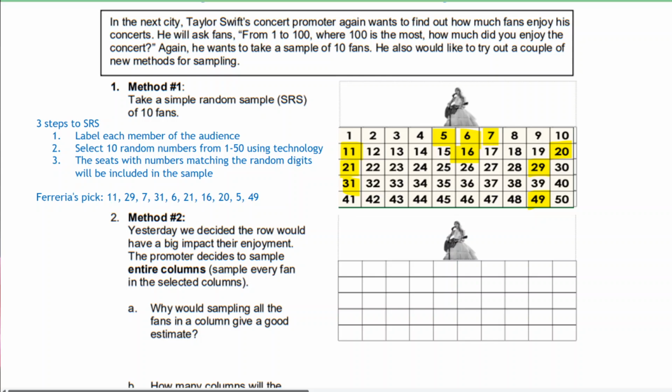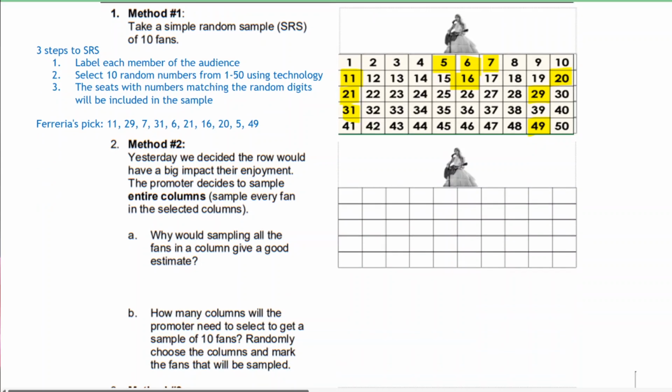Okay, now that we have done our little bit of a review on a simple random sample, we're going to look at what's going to be called a cluster sample. So it says, yesterday we decided a row would have a big impact on the enjoyment. So this time we're going to do a sample of an entire column.